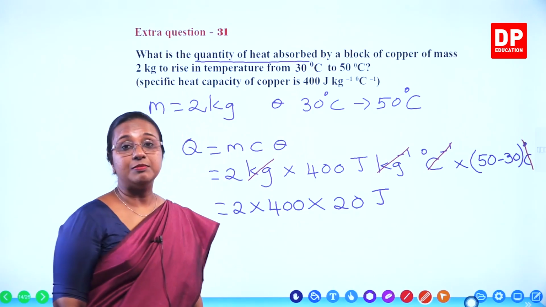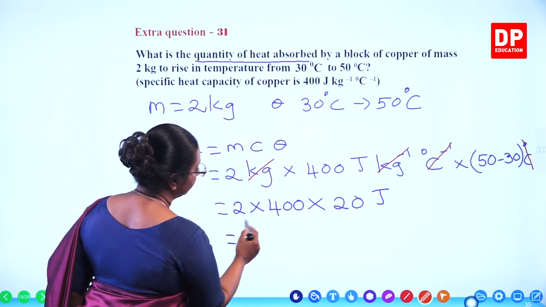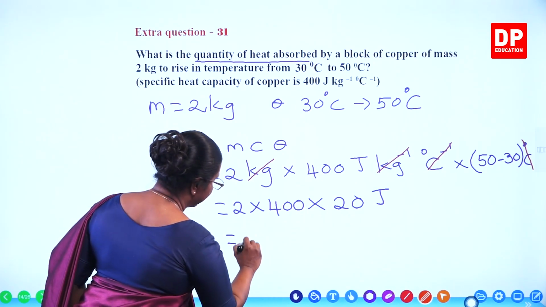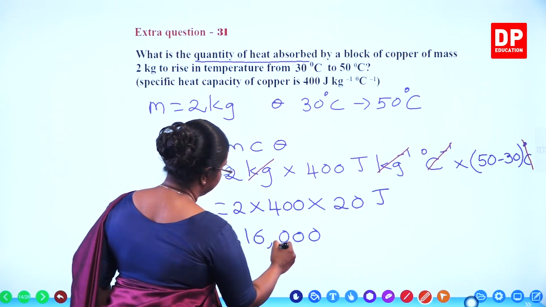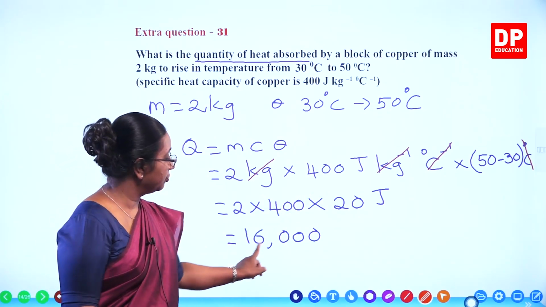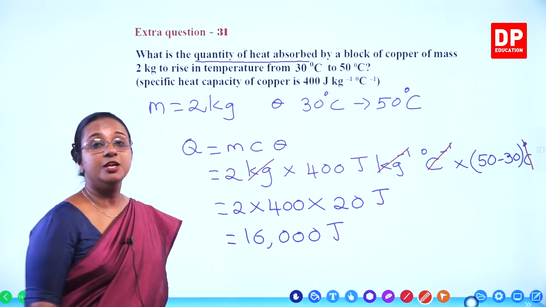And the unit will be in joules. So, here of course, we can easily calculate it. 2 into 400, 800. 800 into 20, it will become 16,000. We have 3 zeros, then 4, 8 into 2, 16. So, this is going to be 16,000 joules.